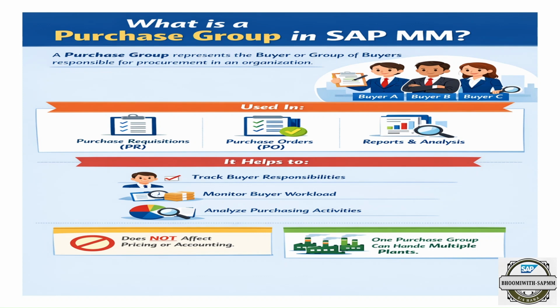Purchase group is used in purchase requisition (PR), purchase order (PO), reports and analysis. It helps the company to track buyers' responsibility, monitor workload of buyers, analyze purchasing activities. Please remember, purchase group does not affect pricing or accounting. One purchase group can handle multiple plants.